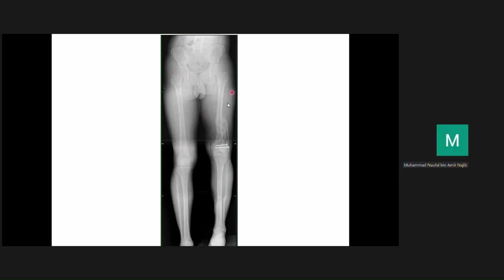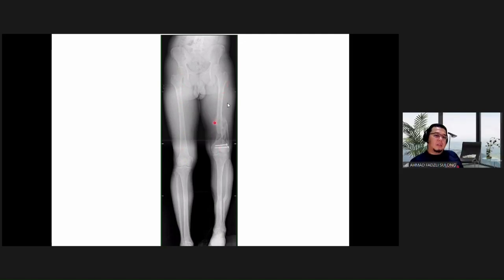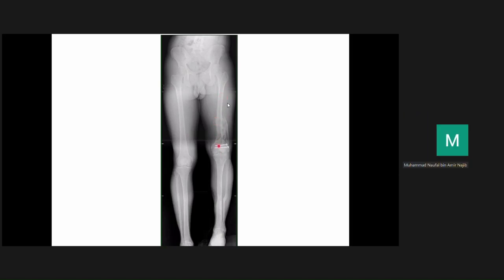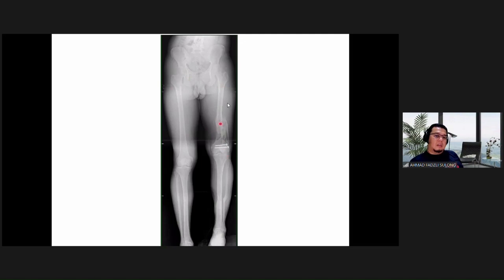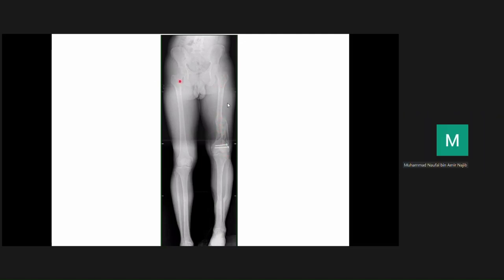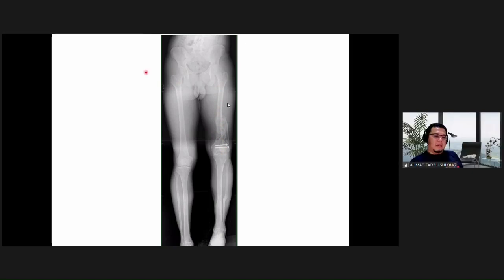No. Lain tak? So there is some angulation. What angulation is this? Nampak angulation sini kan? Okay. What angulation is this? Lateral angle. Lateral angulation ke? Betul? When you describe angulation, what's your reference?